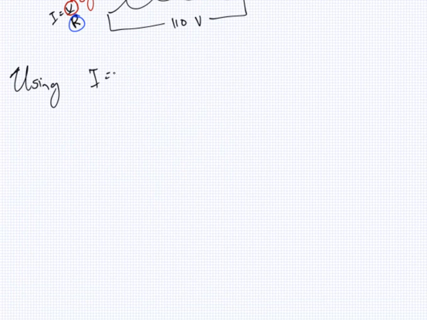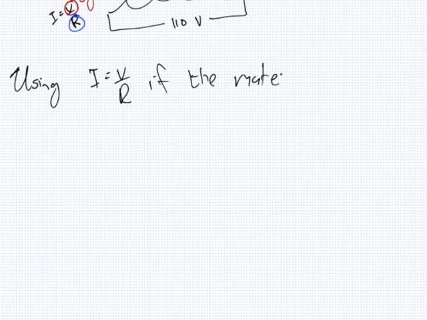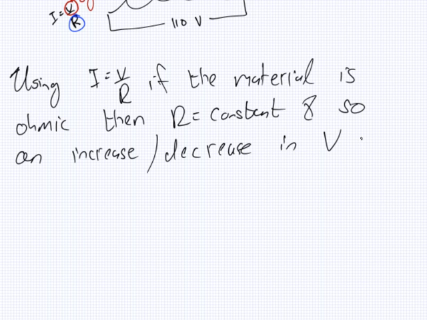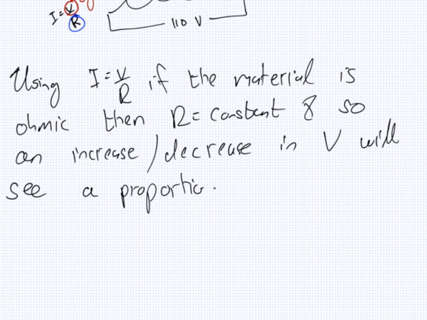Using I equals V over R, if the material is ohmic, then R will be constant, and so an increase or decrease in V will see a proportional increase or decrease in I.